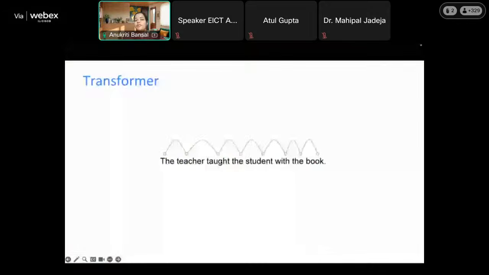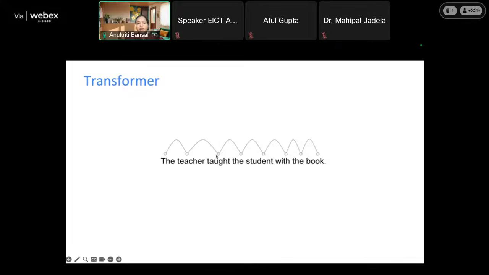If we talk about transformer architecture, before it we used to have sequential models, like recurrent neural networks, LSTM, GRU. What they used to do, if they have to predict "taught", they will see the previous words or the next words which are closest to it. So these were sequential models.